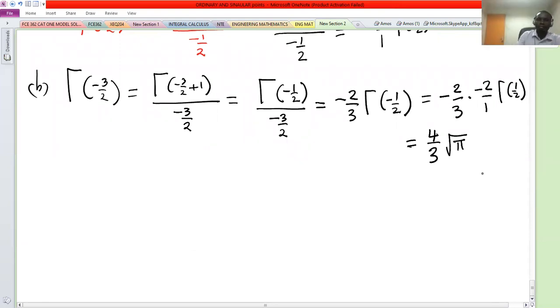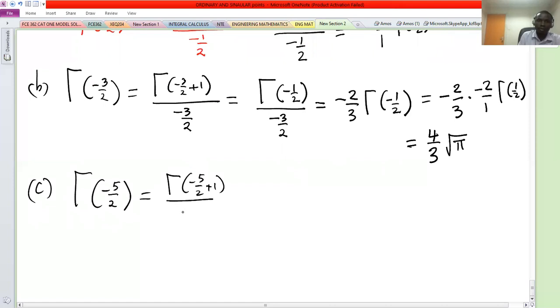And then next one, we have gamma of minus 5/2, which is the same as gamma of minus 5/2 plus 1 divided by minus 5/2. The reciprocal of this one will be minus 2/5, times gamma of minus 3/2. And the value of this one we have already gotten from the previous step.